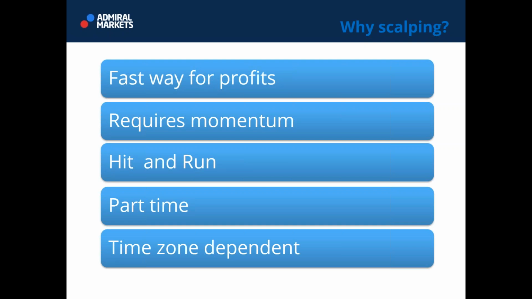Because of that, you need to know when to scalp, and that is how I identified the problem. As soon as you have momentum for scalping, and as soon as you see that the market is moving, that is the time when you should trade.